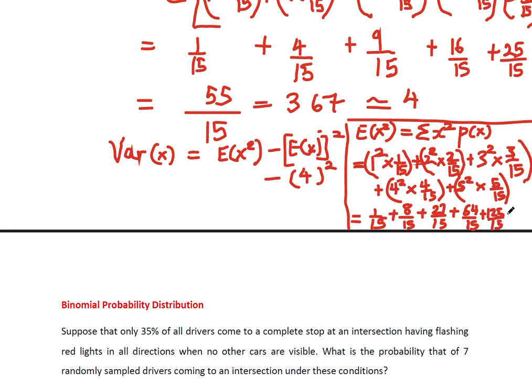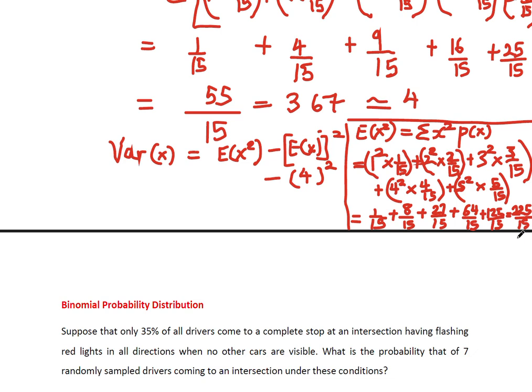And when we add the numerator figures here, we're going to divide the numerator figures by 15. So adding the numerator figures here, which is 1 plus 8 plus 27 plus 64 plus 125 gives us 225. So this is 225, all upon the common denominator of 15.